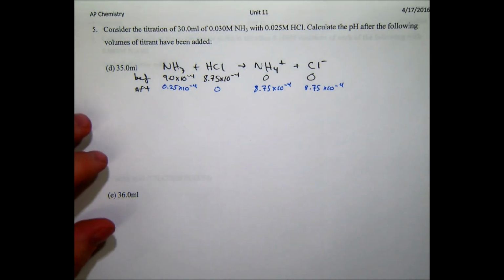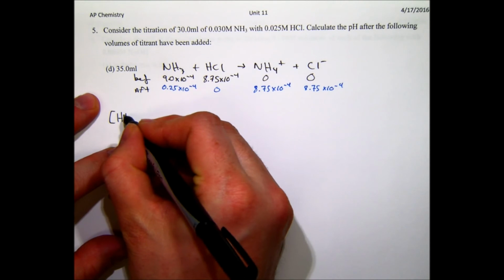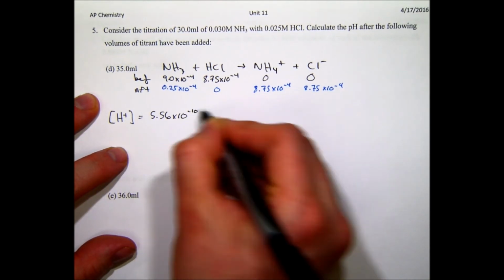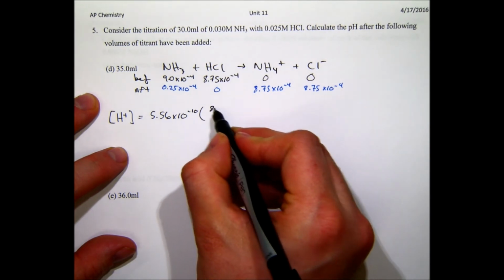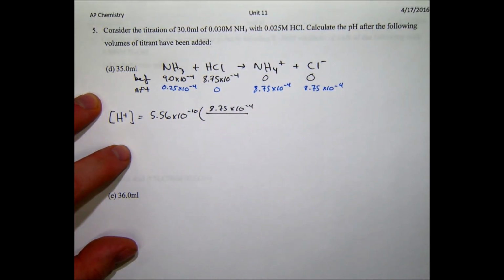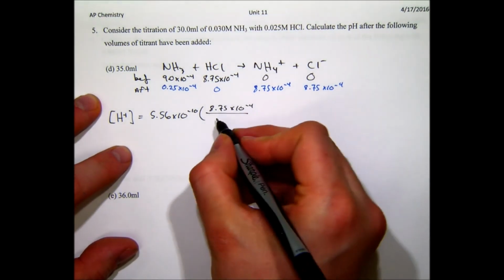We now calculate for the concentration of H plus. Remember that we have to correct for the total volume. The total volume is 65 milliliters now.